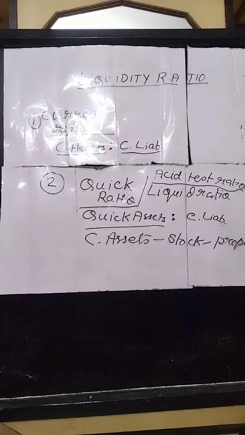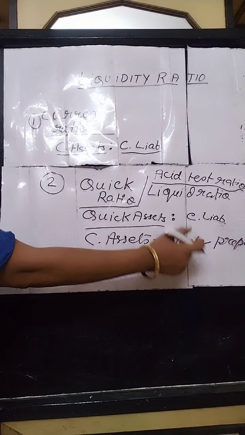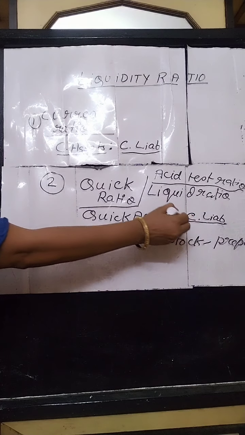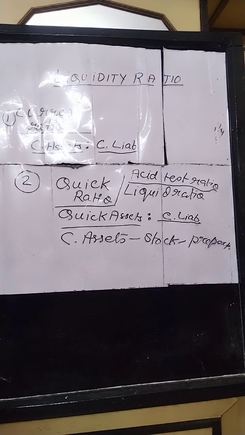Quick assets means current assets minus stock minus prepaid expenses, and current liabilities will be as it is.